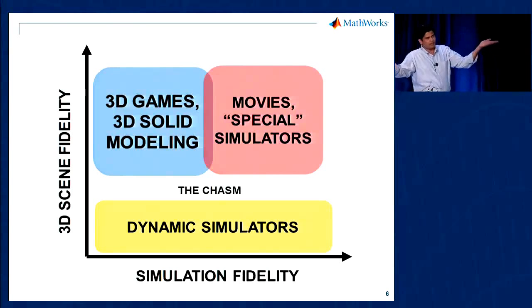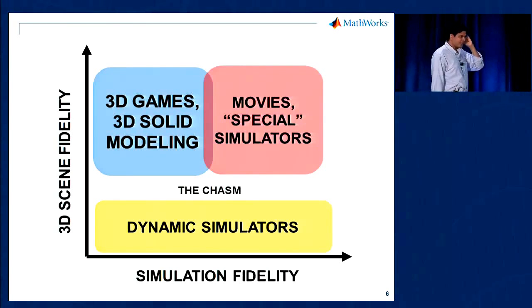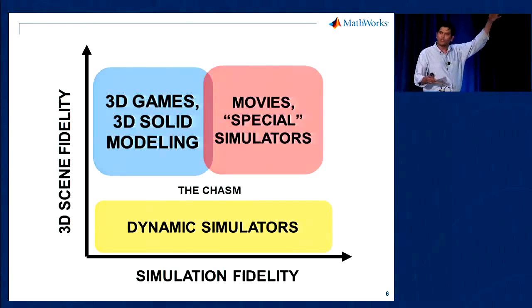They're basically specialized simulators, highly specific and very costly. But this has resulted in a chasm between the two worlds, the simulation world and the 3D modeling world, all right? And what that means is that if you're a simulation engineer, it's really hard for you to access all the good stuff that's happening in the 3D modeling world, all right?